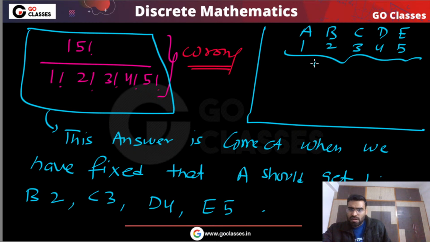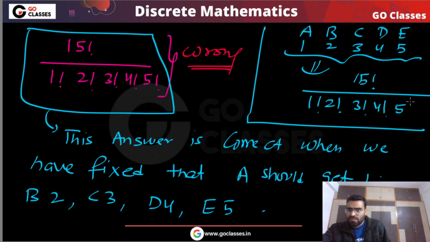In this situation the answer will be this: 15 factorial divided by 1 factorial, 2 factorial, 3 factorial, 4 factorial, 5 factorial.